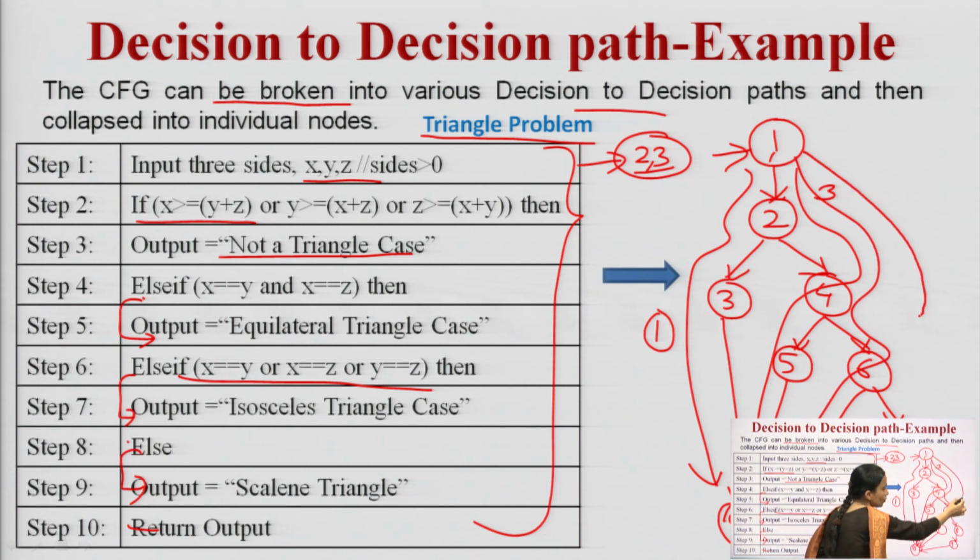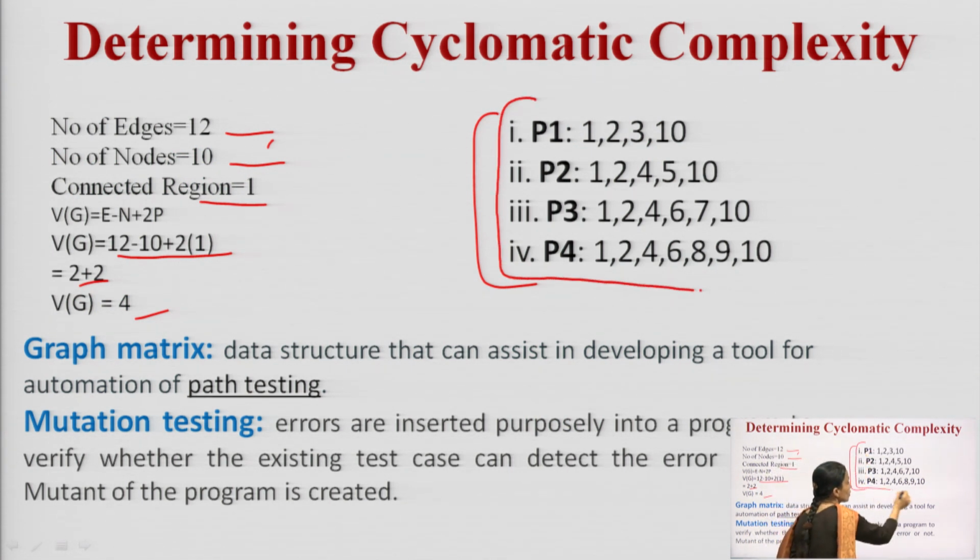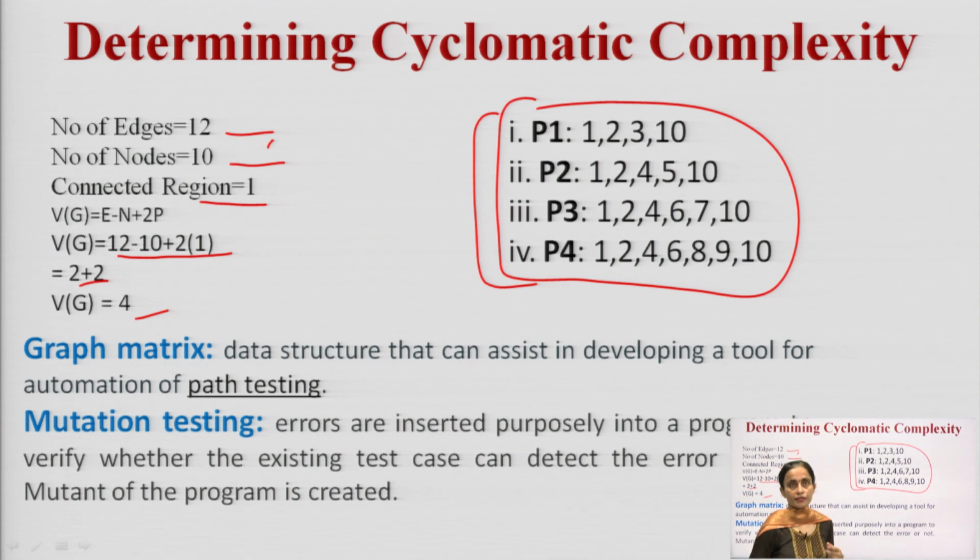And 1, 2, 4, 6, 8, 9, 10, that is my fourth. So, these are the four paths that my program can follow, written as P1, P2, P3, P4. Now, the next task is to test these P1, P2, P3 and P4 test cases.